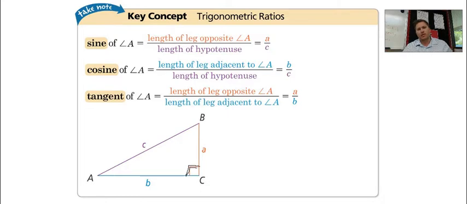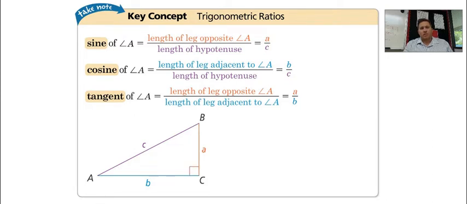Again, it's got to be a right triangle. But remember, if we had one of our special right triangles, like a 30, 60, 90 triangle, there was a certain way to be able to find the different sides. But now, if we are given the different sides, we can find the different angles that we have right there.